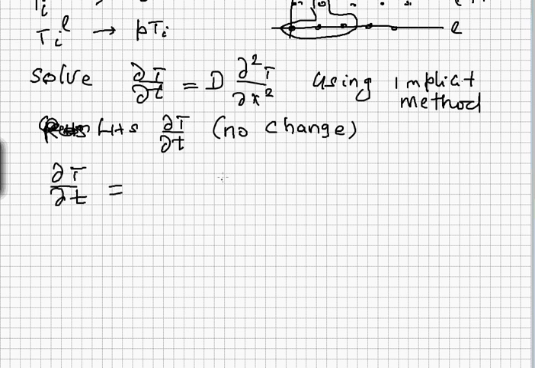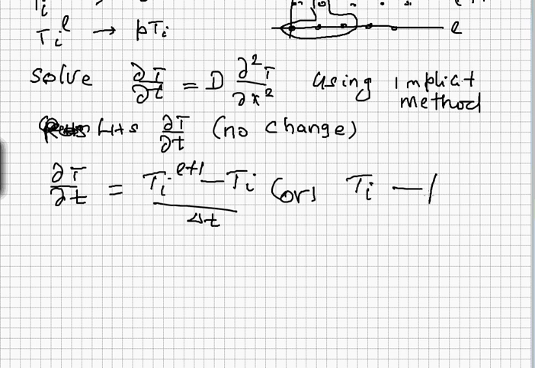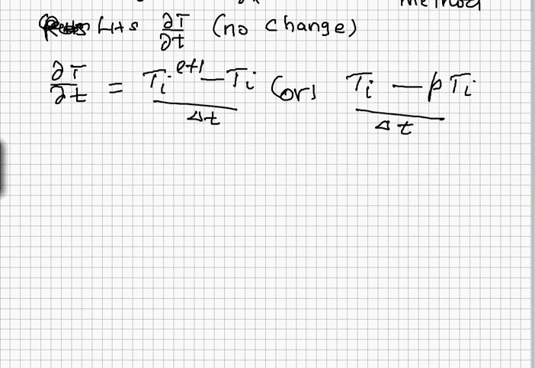What did we do before? We said (Ti^(l+1) minus Ti^l) divided by delta t, or equally we can also call this (Ti minus Pti) divided by delta t. I want you guys to get used to both of these notations and be comfortable using both of them. So there's no change.